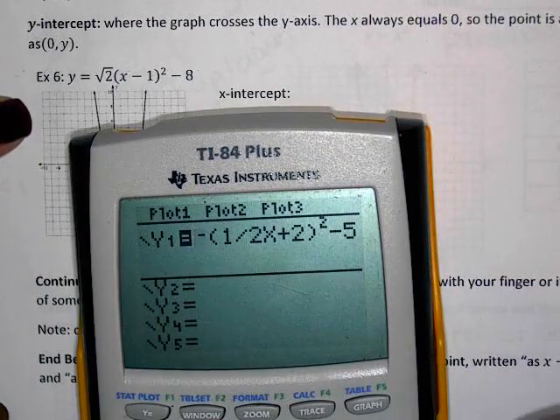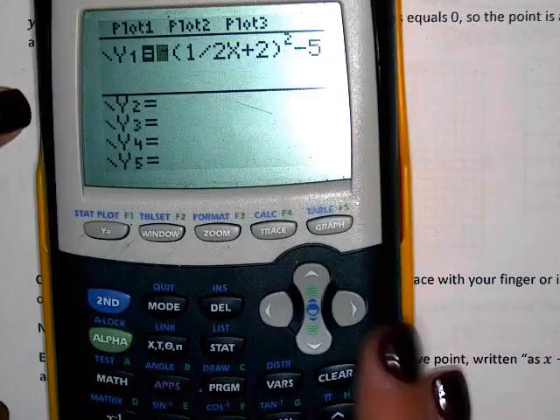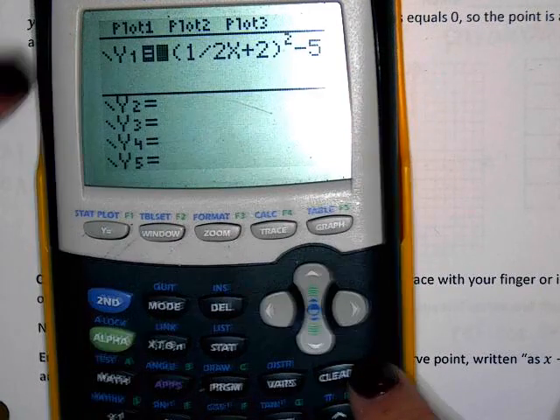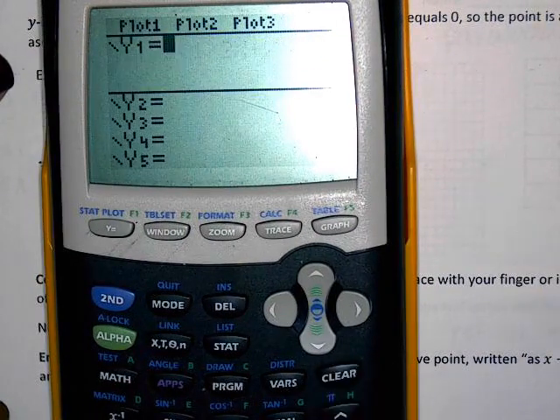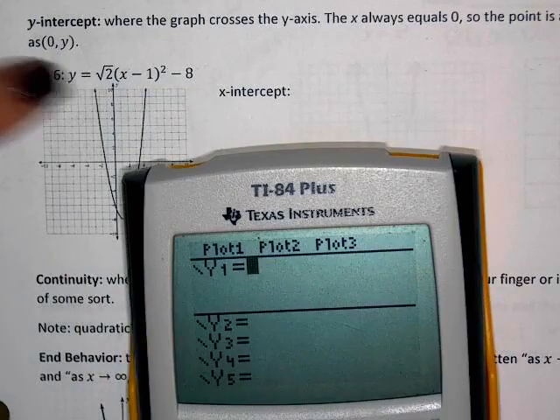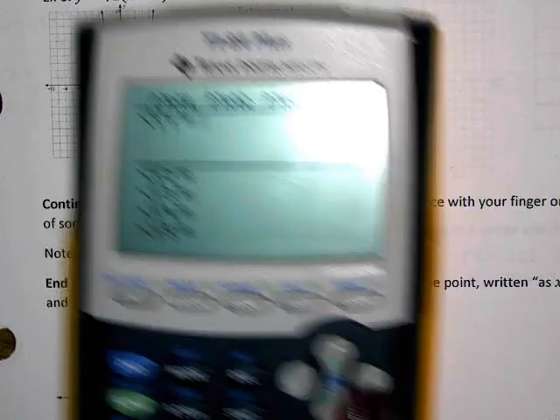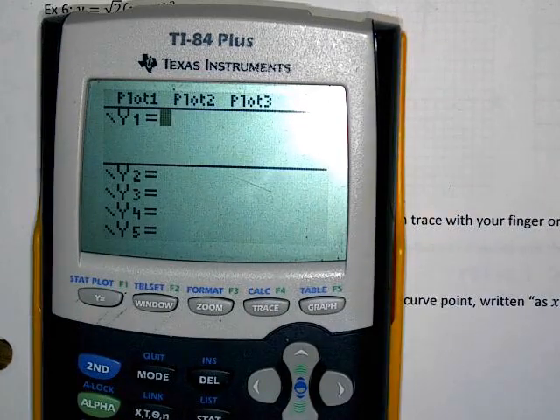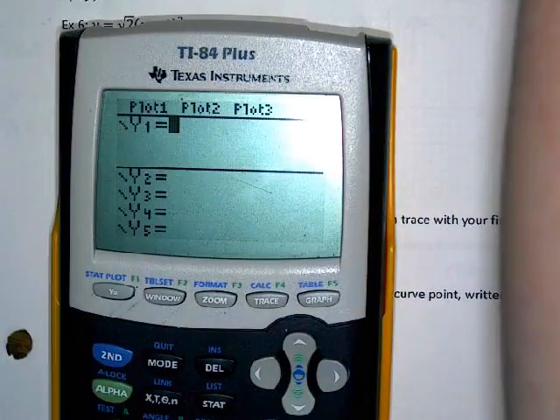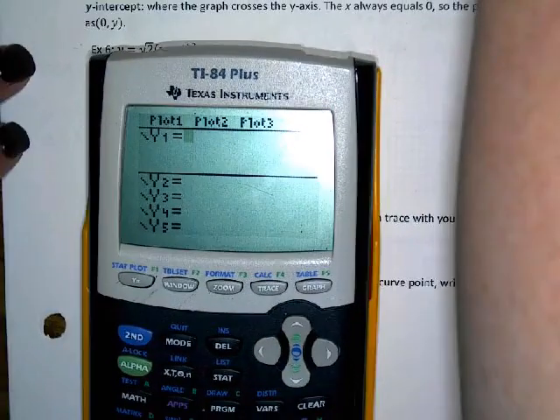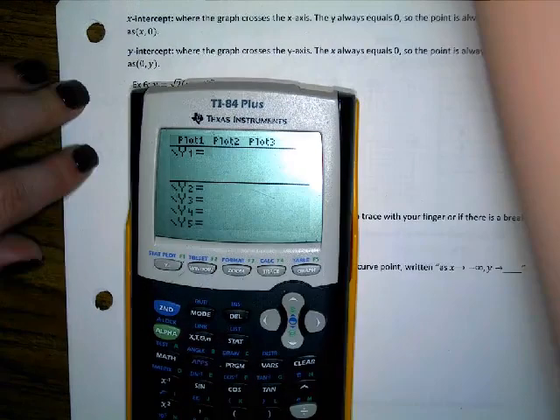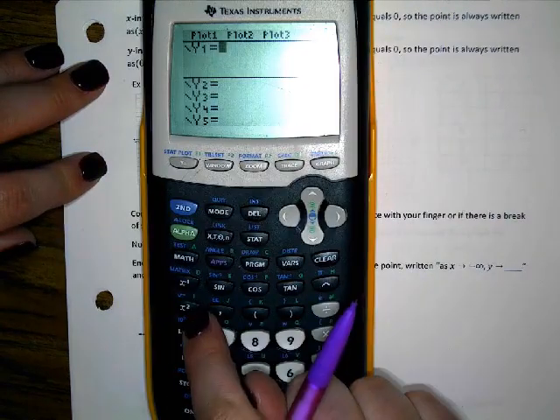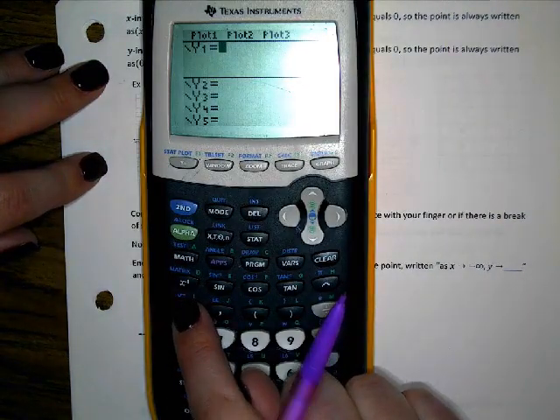We have to type the square root of 2. Anyone know how to type the square root of 2? Second, x squared. Yeah, so if you look at the x squared button, right above that is the square root sign. So we're going to do second x squared. There's your square root 2. And then I'm going to get out of that.